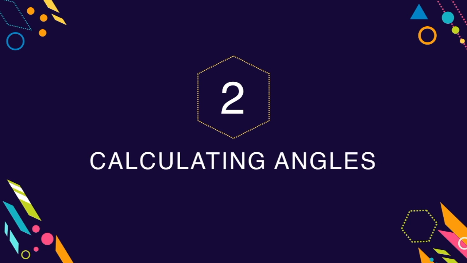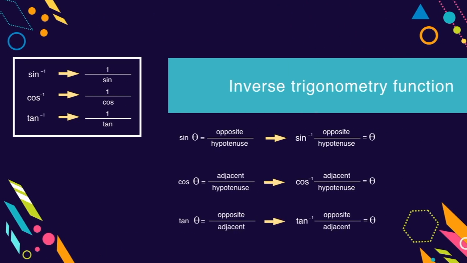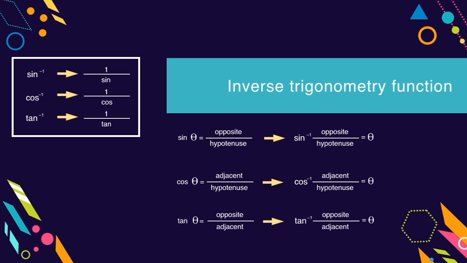Next, let's see how we can calculate unknown angles if given two known sides. Here, we're going to use the term inverse a lot, so it's best if we understand it first. Inverse means 1 over something. For example, take a look at the box in the top left corner.